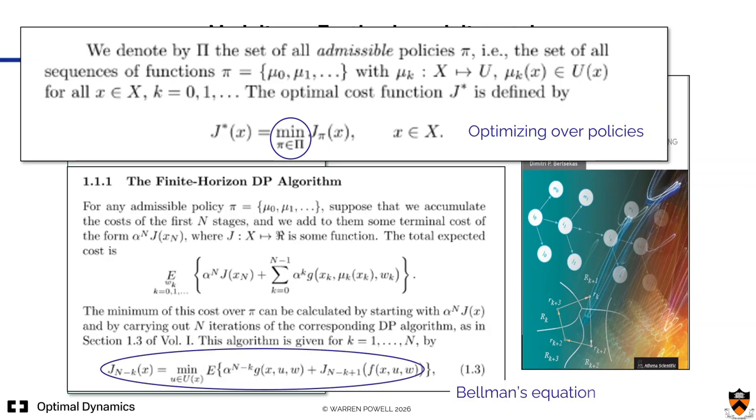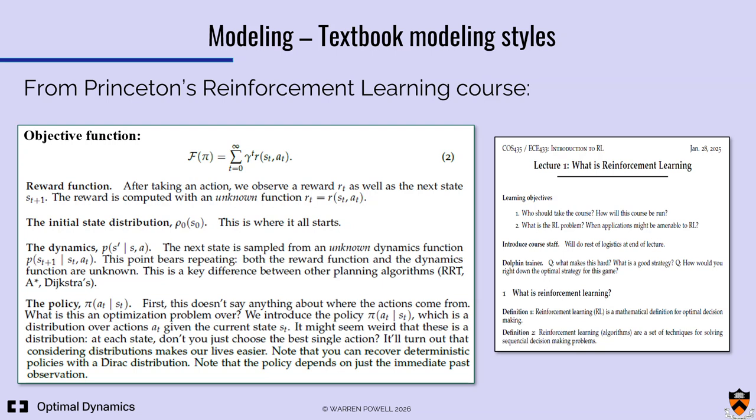And down here, he's using Bellman's equation. Pretty much every time you see these classic books optimizing over policies, they equate it with Bellman's equation. So they're not really optimizing over policies. They say they want the best possible policy, and then they go running to say, oh, but here's the optimal policy. It's given by Bellman's equation.